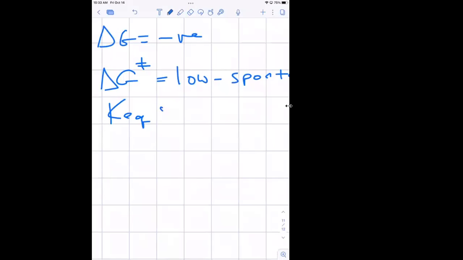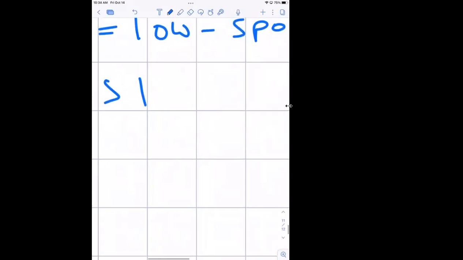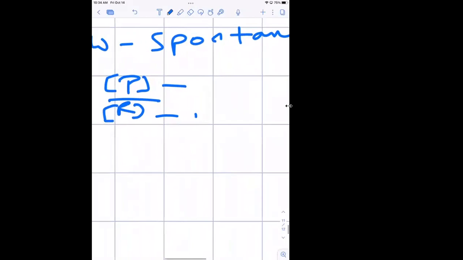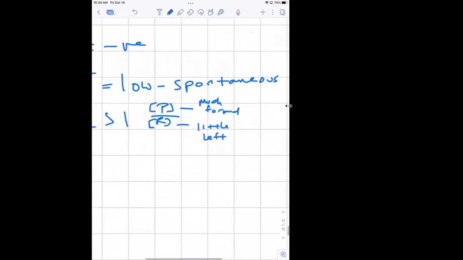Because remember, this is P over R. So in this case, there's a little R left and about a P formed.